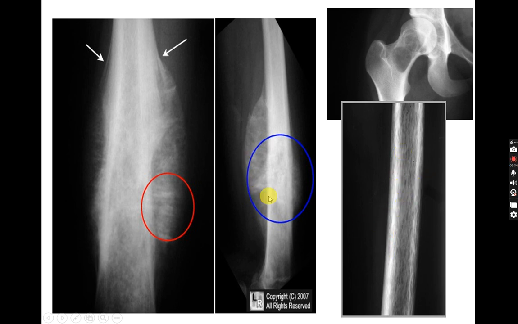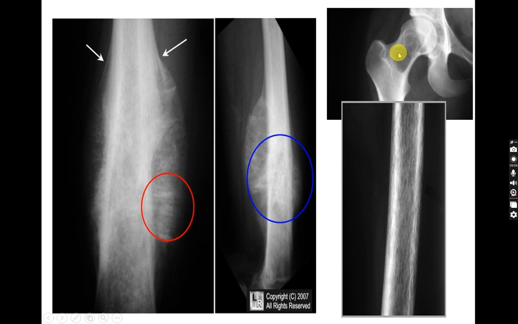In this image we can also see it is showing a wide zone of transition and also periosteal reaction. This is the periosteal reaction, we will see it in detail, and also it is showing a soft tissue mass. Here again it is showing periosteal reaction and soft tissue mass.